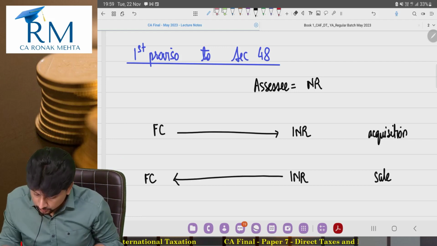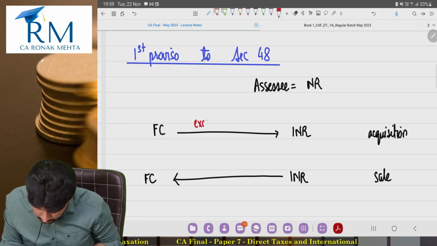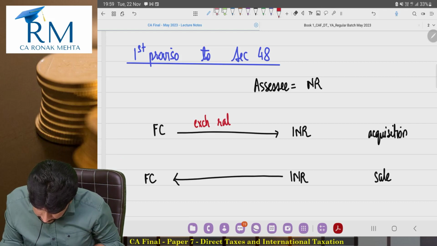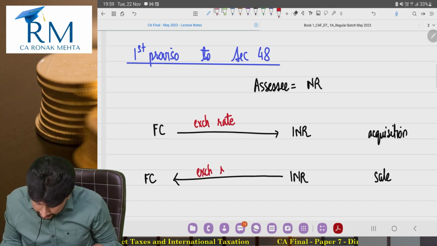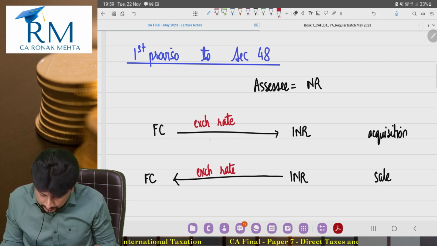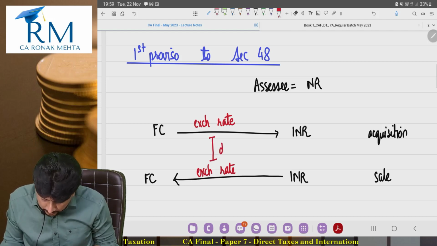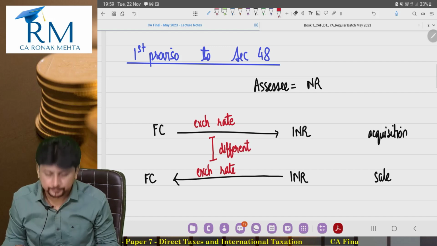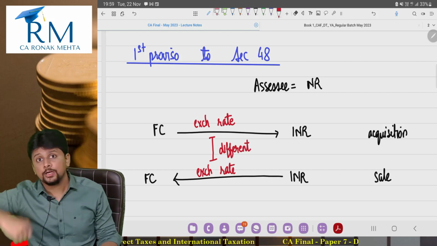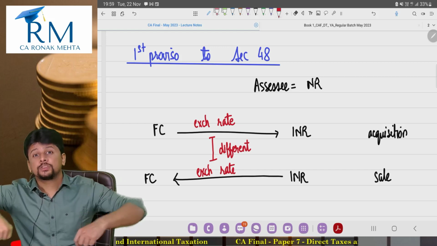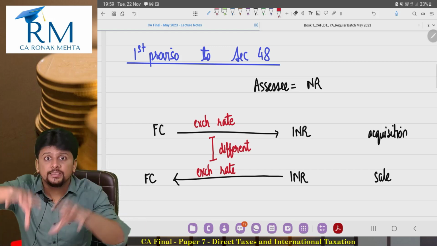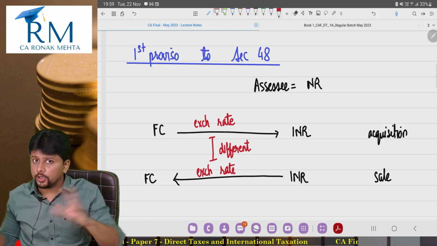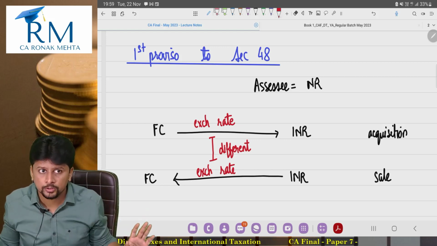But the exchange rate at the time of acquisition and the exchange rate at the time of sale, obviously there will be a difference. These will be two different exchange rates. So my non-resident is going to be positively or negatively impacted by this exchange rate. I'm not worried about that.